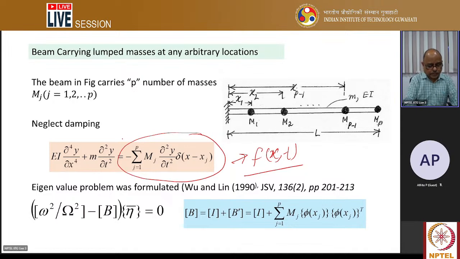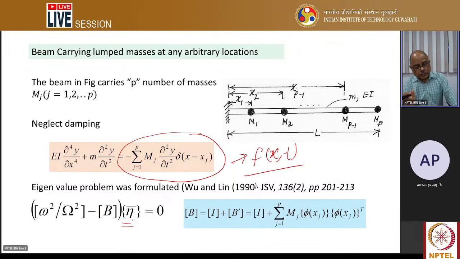Some algebraic manipulation you have to do. So you can see the eigenvalue problem is like that: small omega squared by capital omega squared minus the B matrix times eta bar, where eta bar is the generalized coordinate, small omega is the natural frequency of the beam without concentrated mass, and capital omega is the natural frequency of the beam with concentrated mass.